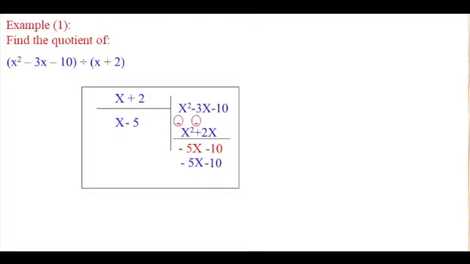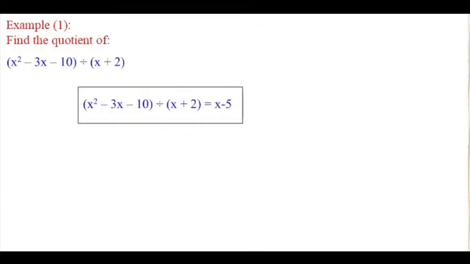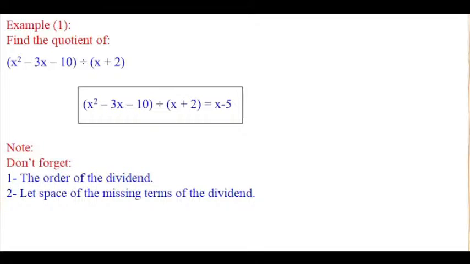We have to subtract as we did before. Change the sign of the algebraic expression negative 5x minus 10 to be 5x plus 10. Then, by adding, the remainder is 0. Step number 6. Then the quotient is x minus 5. Before the division operation, note rule number 3.